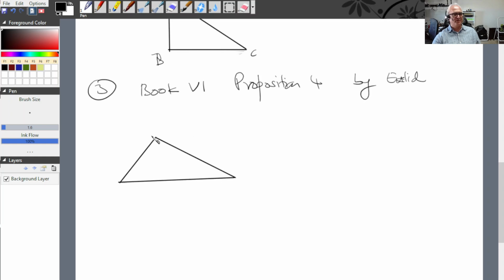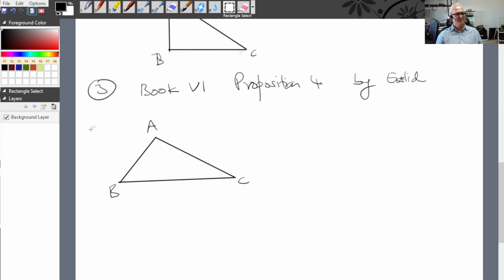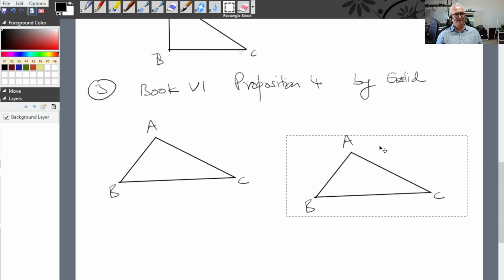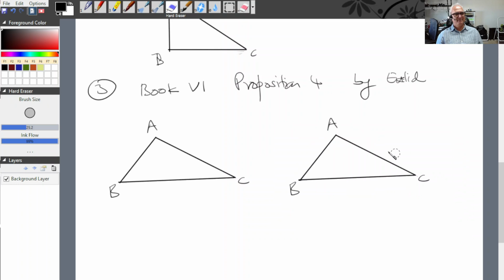So let me draw two similar triangles, and the easiest way to draw a similar triangle is I just copy and paste the same triangle. Okay, and I will name the triangle differently.